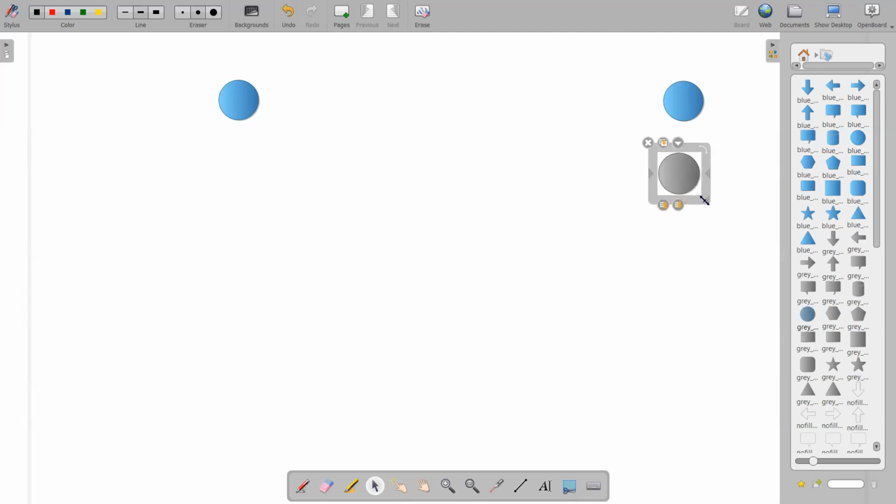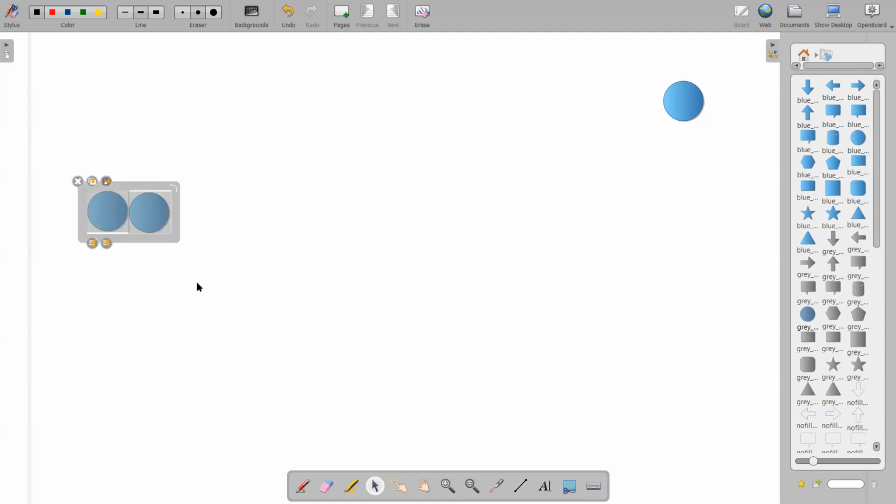Here we have this atom. Control C, Control V. We can make it so easy. I can join these two, Control C, Control V, and then I can put them here. See how fast this is.